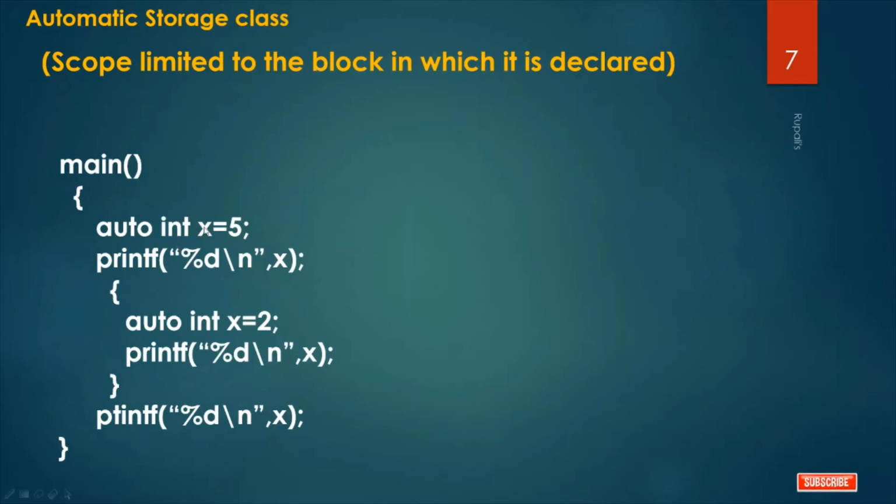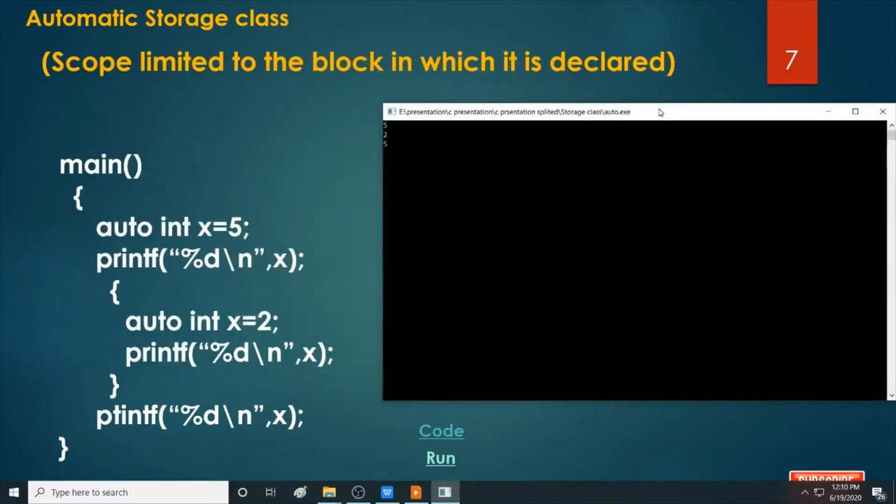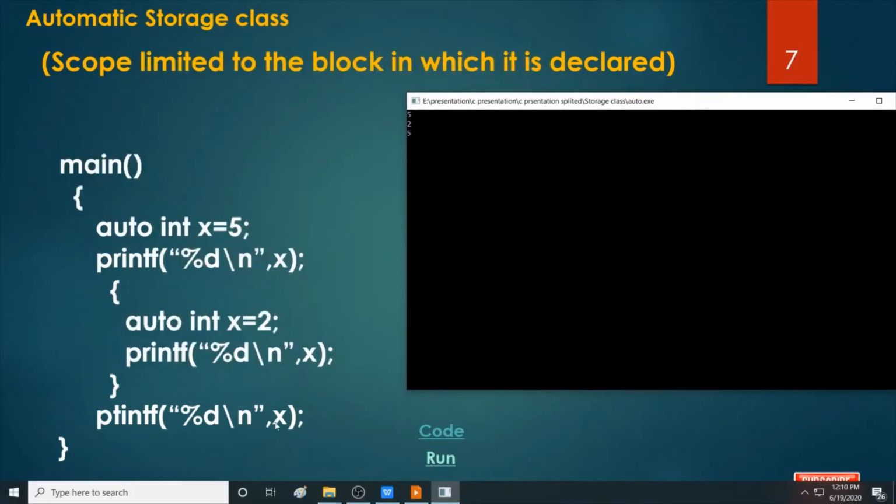So first it prints 5, then it prints 2, and again when the control comes out from the block, it prints 5. So when we run the program, see the output, it is 5, 2 and 5.